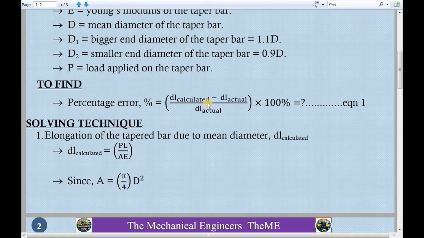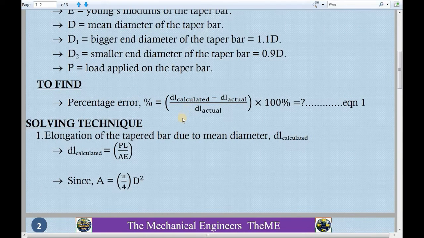Here, dl calculated is the calculated elongation or deformation of the tapered bar, and dl actual is the actual deformation or elongation of the tapered bar. Okay, in this formula, dl actual and dl calculated are unknown. So first we will find these two values.